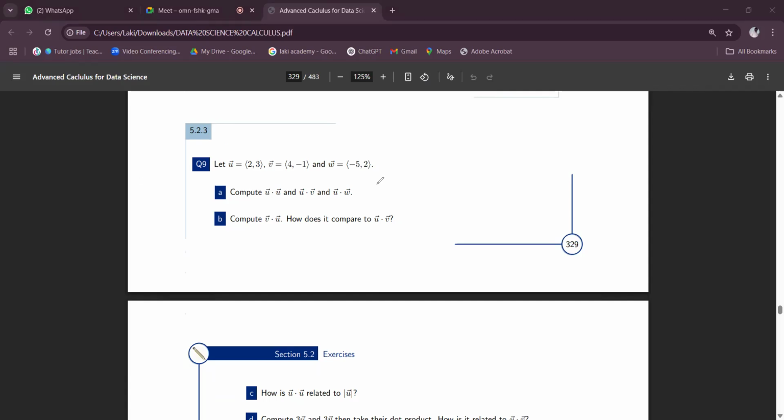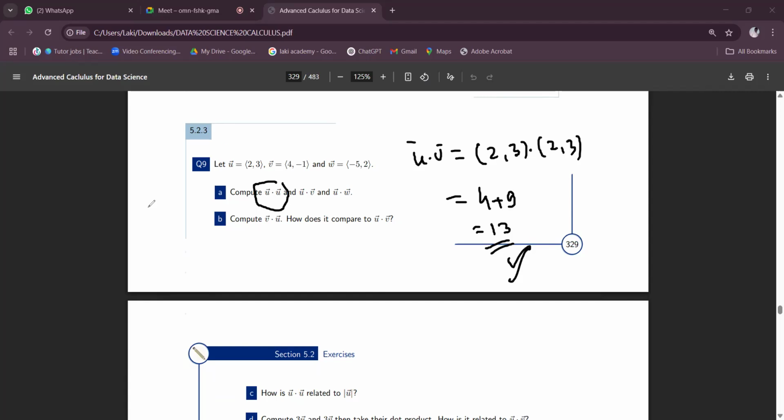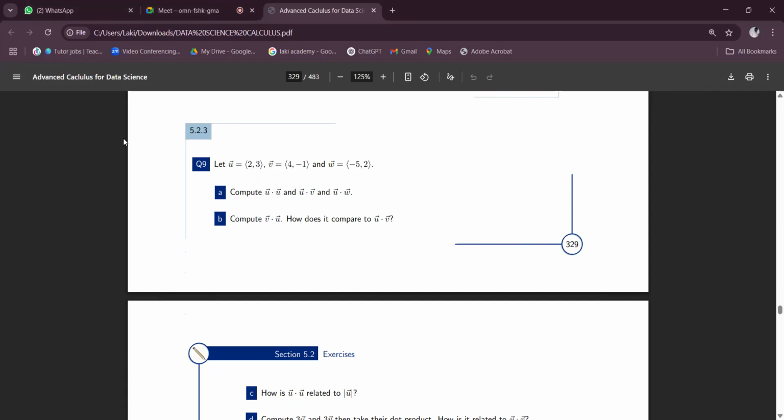U dot u means multiplying the same components, which is 4 plus 9, giving 13. U dot v is 8 minus 3, which is 5, and v dot w gives minus 10 plus 6 minus 4.